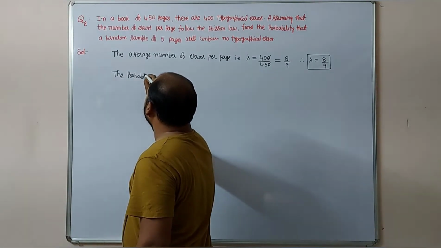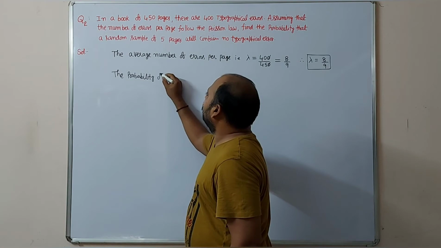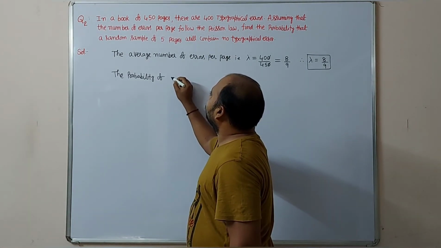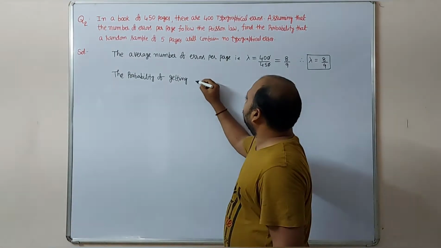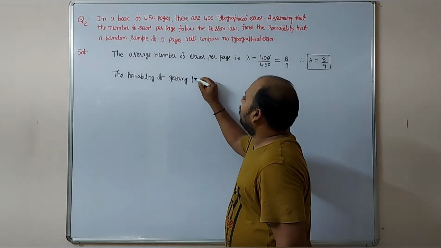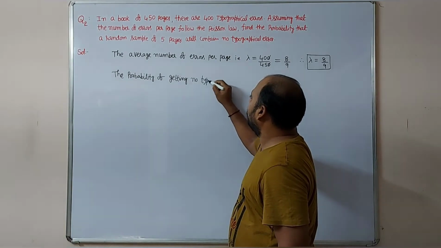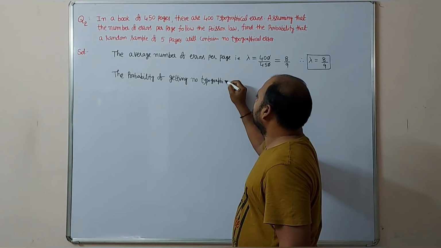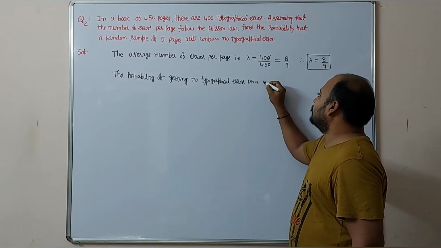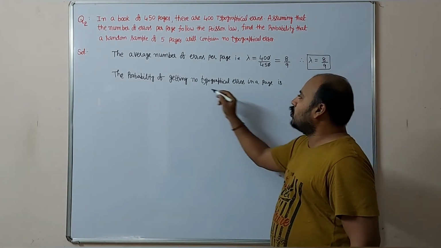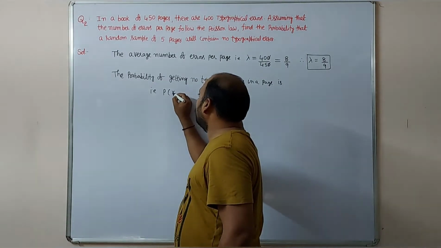The probability of getting no typographical errors in a page, no typographical error means zero errors. So that is P of x is equal to 0.